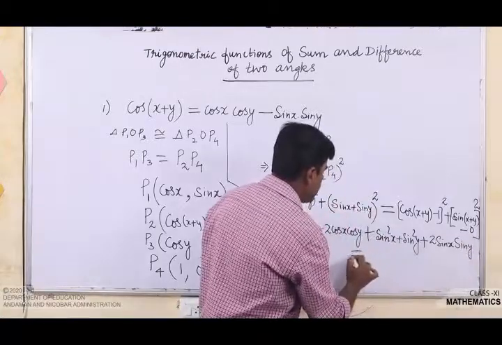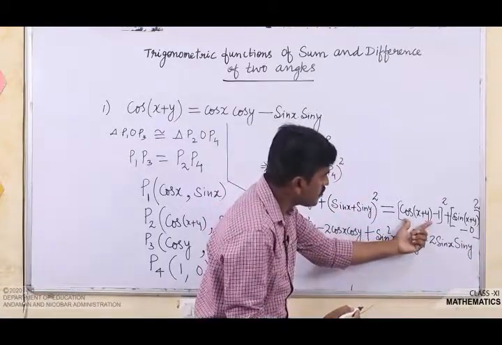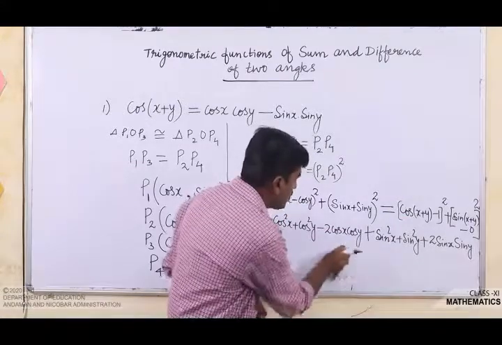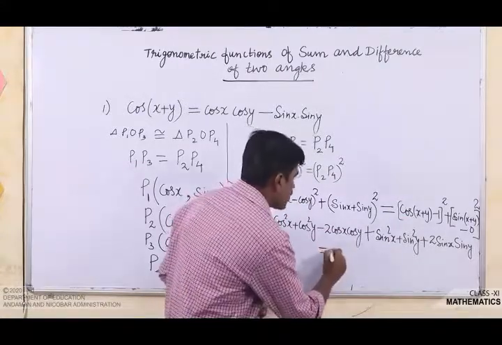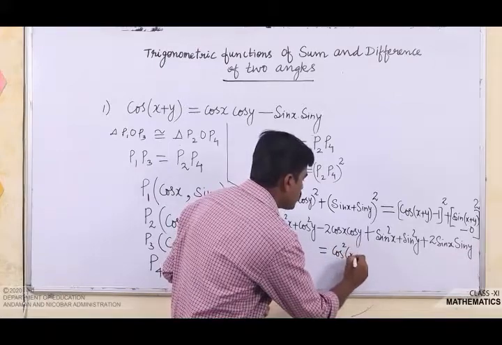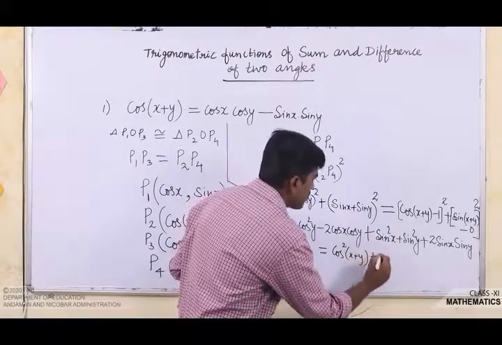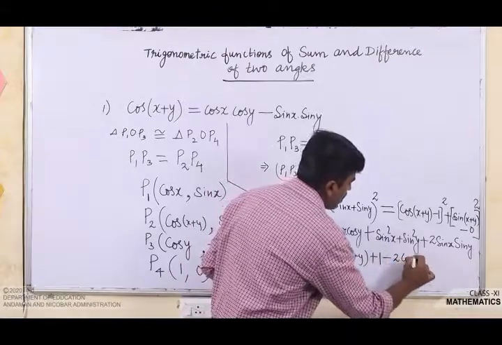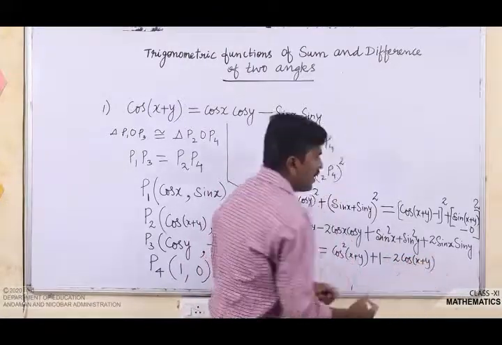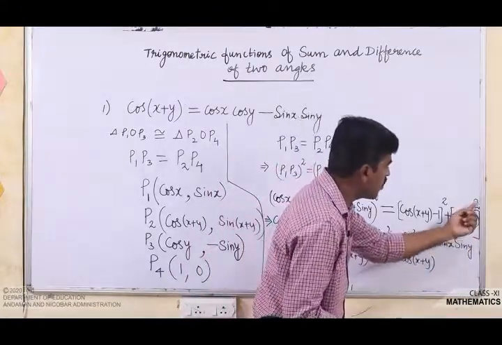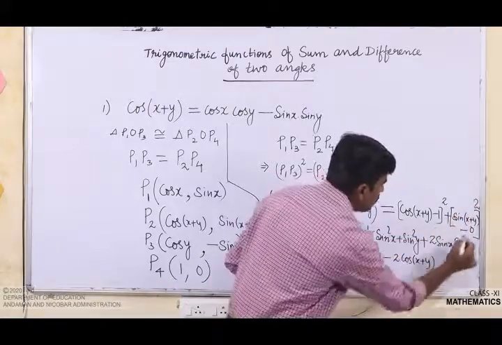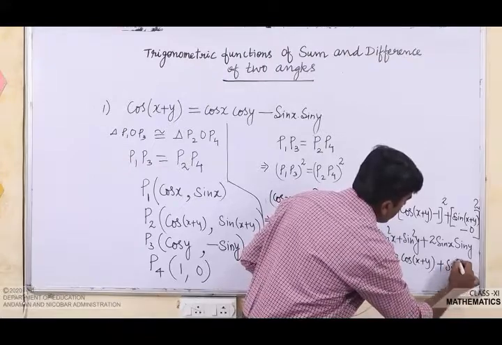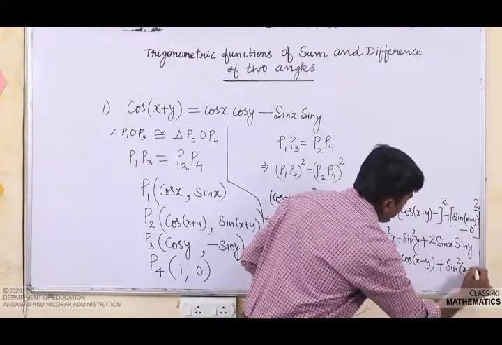Okay, and the RHS is cos x plus y minus 1 whole square. So we have to write cos square of x plus y plus 1 minus 2 cos of x plus y, and sin of x plus y whole square is there only because it is 0. So plus sin square of x plus y.